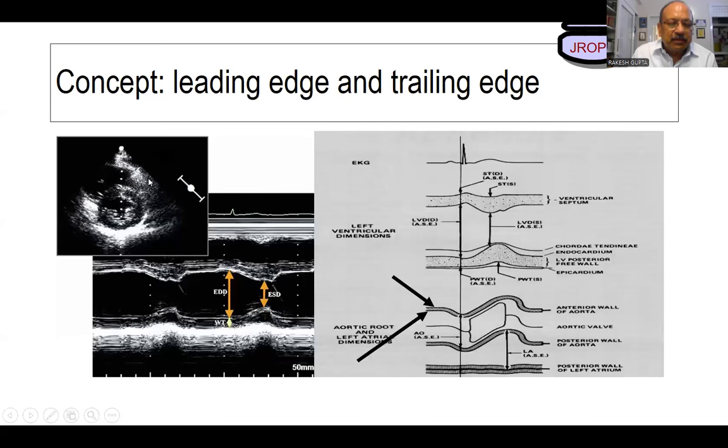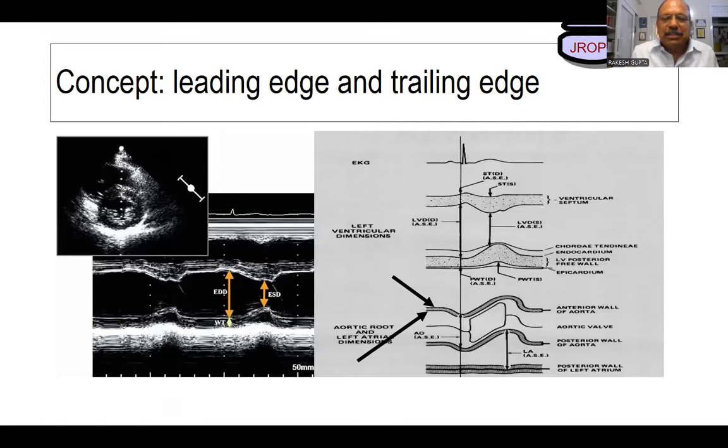These are the two papillary muscles, one on the medial side, one on the lateral side. This is the anterior wall, and here is the posterior wall. If we cut across it, we derive an M mode. In M mode measurements, we take it from leading edge to leading edge, and in two-dimensional echo, we look from trailing edge to leading edge. Very confusing words.